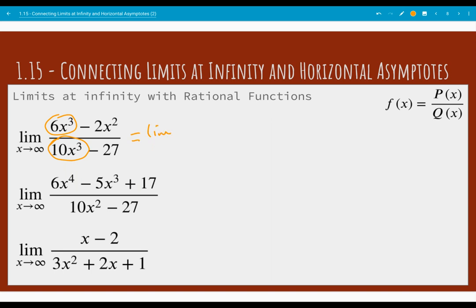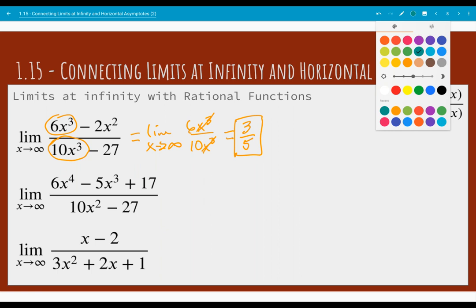And I'm going to use limit notation here because I'm not plugging in, and I want to clarify we can't actually plug in infinity because infinity is not a number, but we're not removing x from our expression yet, so this is going to behave like this. And since it's going to behave like that and the x cubes cancel each other out, this is going to be 3/5.